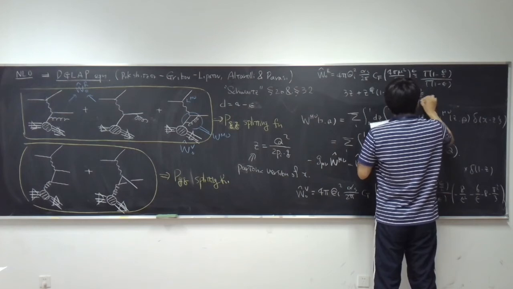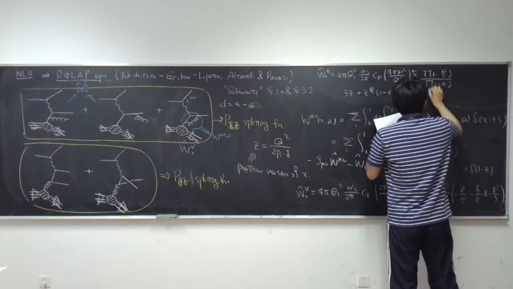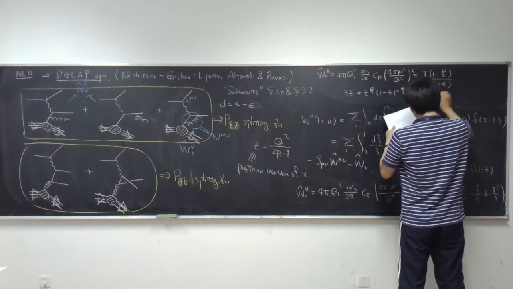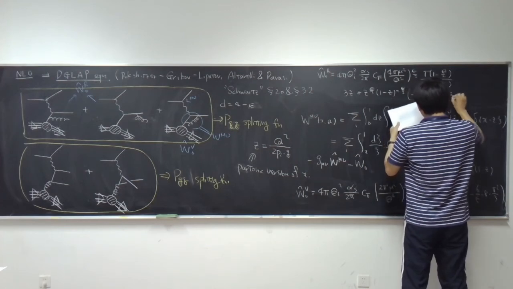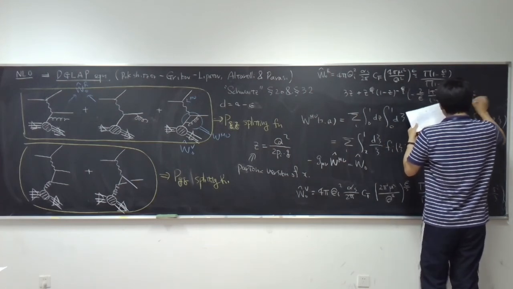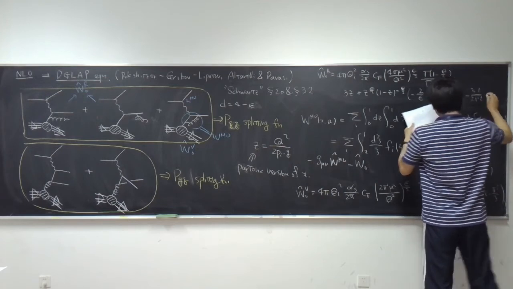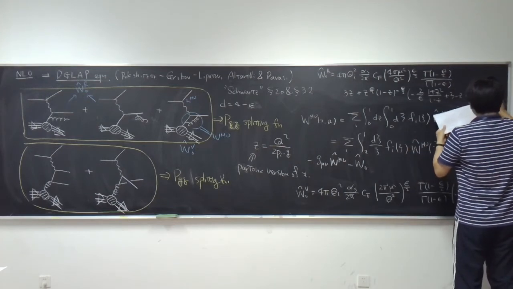Oh gosh, it's a long calculation. It's c squared 1 minus c plus 3 minus c minus 3 over 2 1 minus c minus 7 over 4 epsilon 1 minus c.